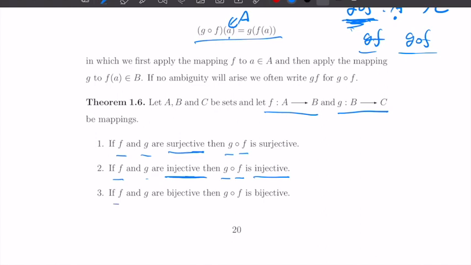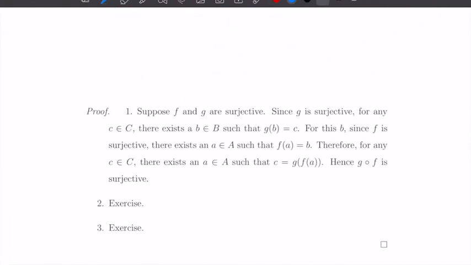And if both are bijective, then g after f is bijective. Sounds simple. Let's prove the first one. In order to prove this theorem, we always have to go back to the definition. So we should know what surjective means, right? So what was surjective?